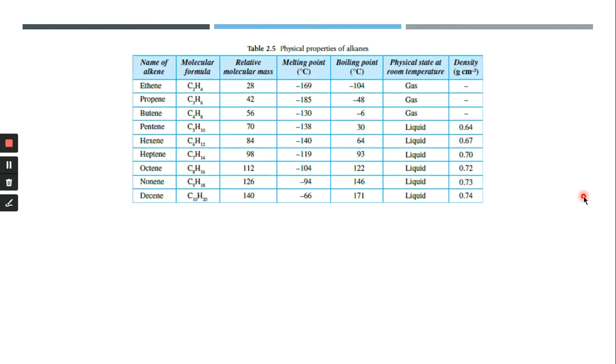So let's start dengan physical properties. Okay. Physical properties untuk alkane dan alkene is almost the same. As you can see, increase in the carbon atom also increase the relative molecular mass, right? And then the melting point and the boiling point is also increased due to the stronger van der Waals forces as it increased down the group.